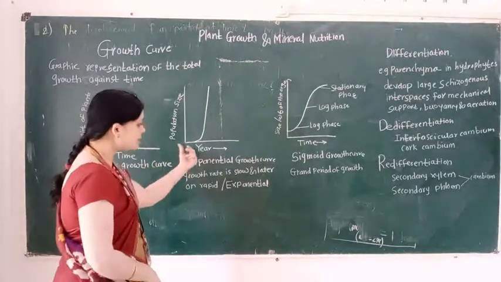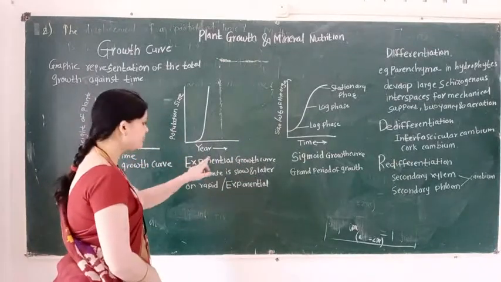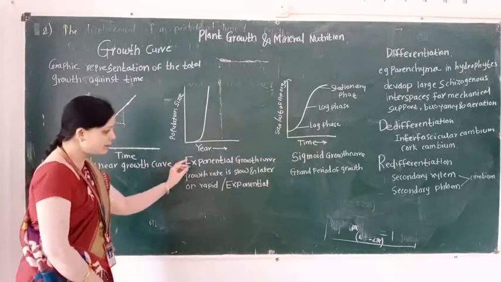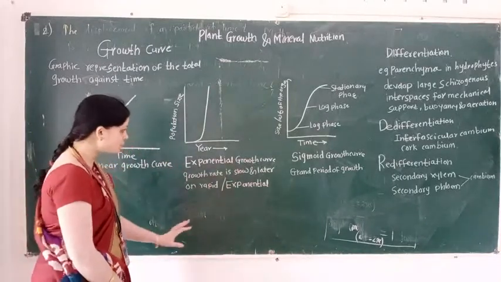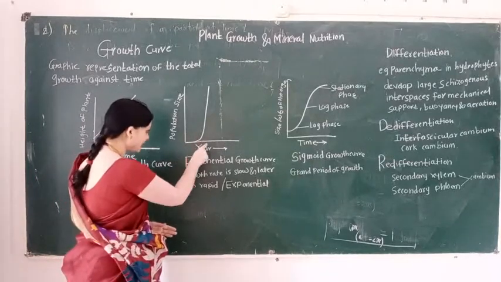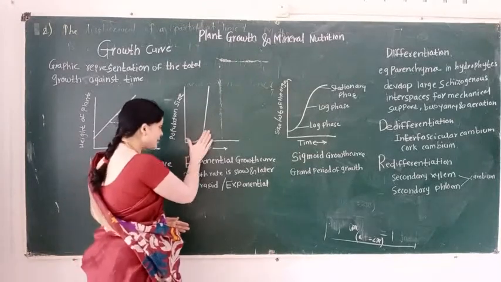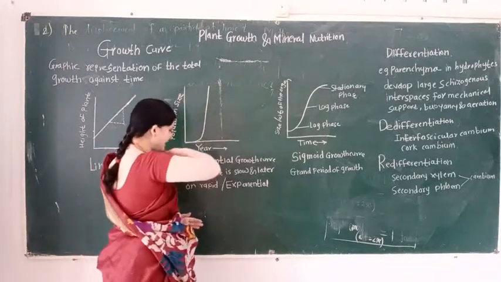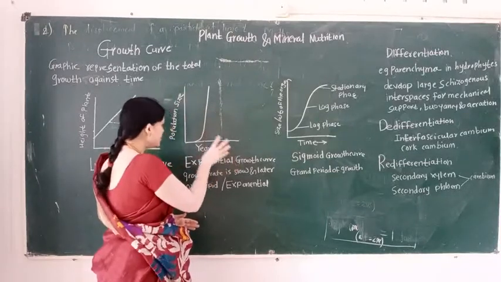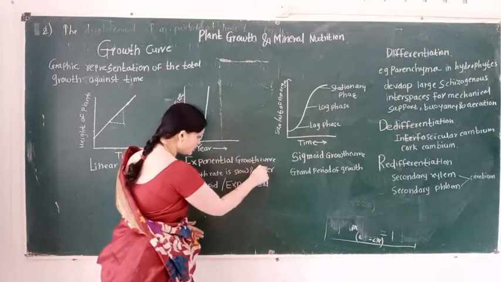So this type of growth curve is called an exponential growth curve. In the exponential growth curve, the growth rate is slow in the initial stage and later on it is very fast, rapid or exponential.